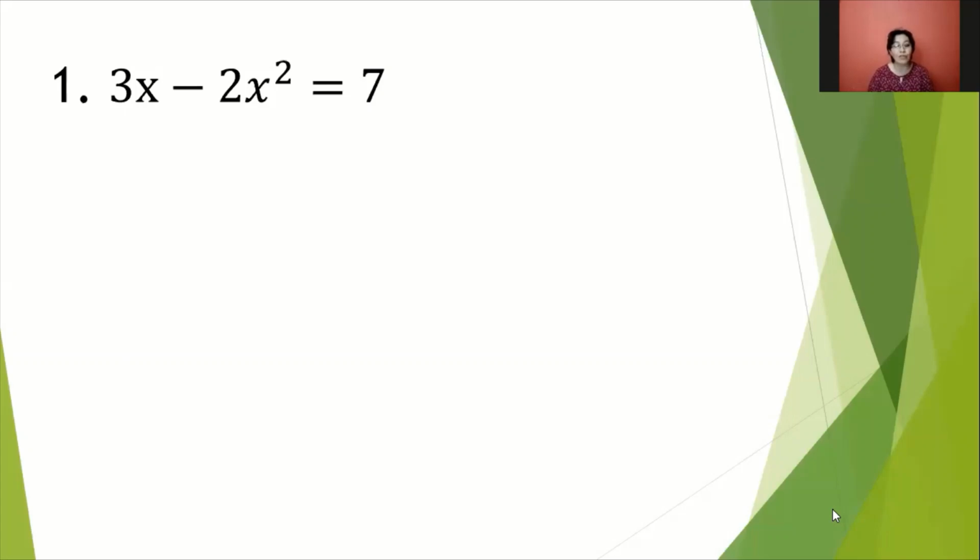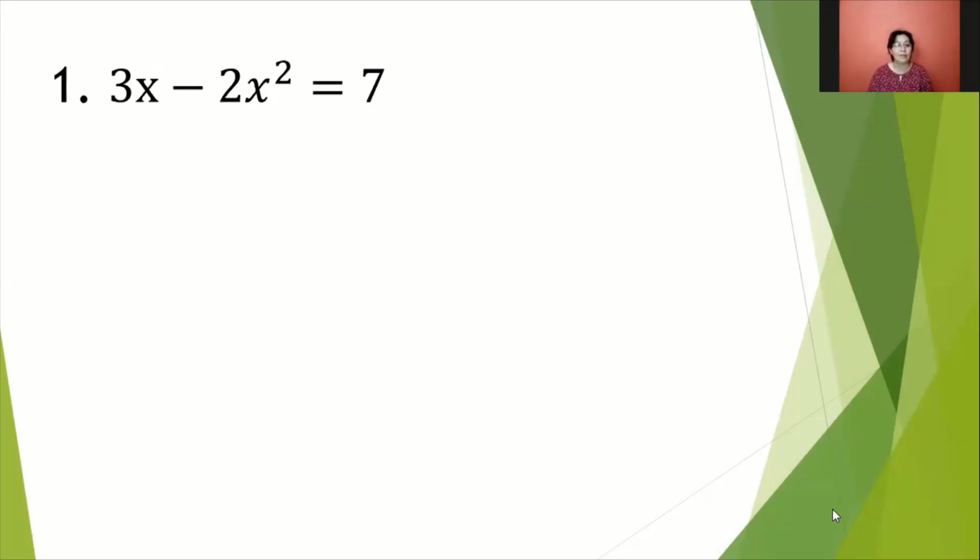We have to arrange the given equation into standard form ax squared plus bx plus c. So see to it that the quadratic term comes first, then the linear term, followed by the constant term, equal to 0.